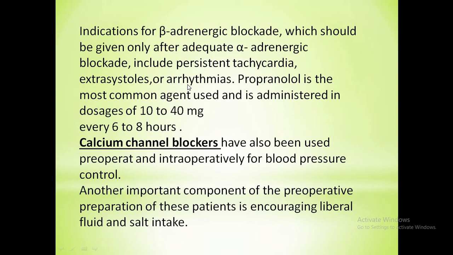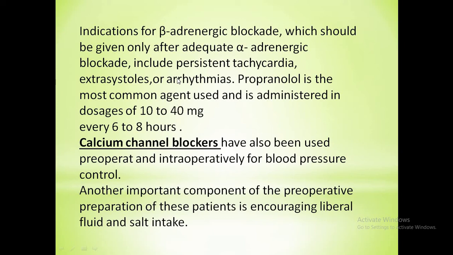So, indications for beta-adrenergic blockade. This is slightly different from the guidelines of the European Society of Endocrinology. Anyway, here the American Association of Clinical Endocrinologists recommends that the indications for beta blockade are persistent tachycardia, extrasystoles, or arrhythmias.